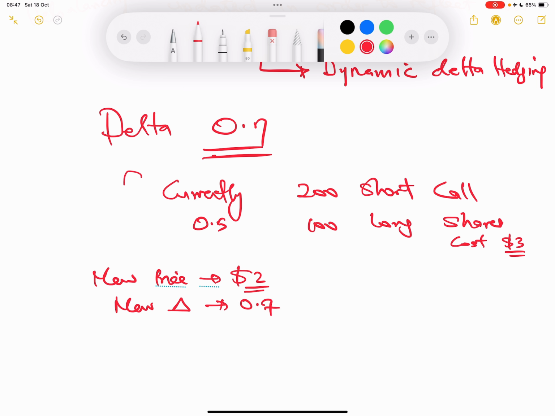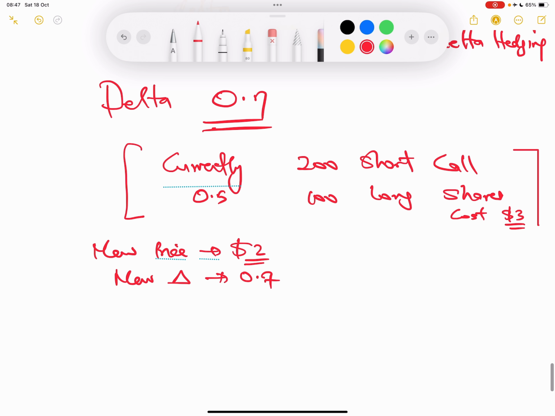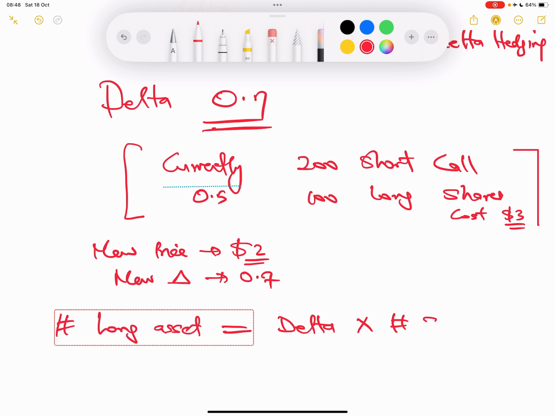So as it is, this portfolio is no longer hedged, and we need to update it. We need to rebalance it. So how do we rebalance it? What we know for sure is that the number of long assets in our portfolio must be equal to the delta multiplied by the number of short calls.